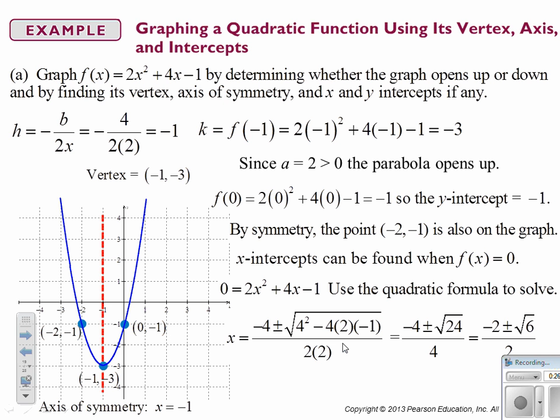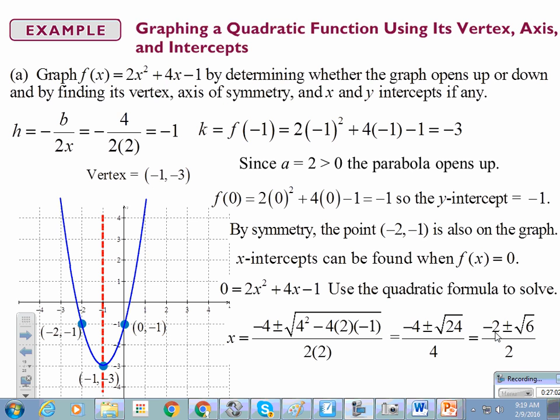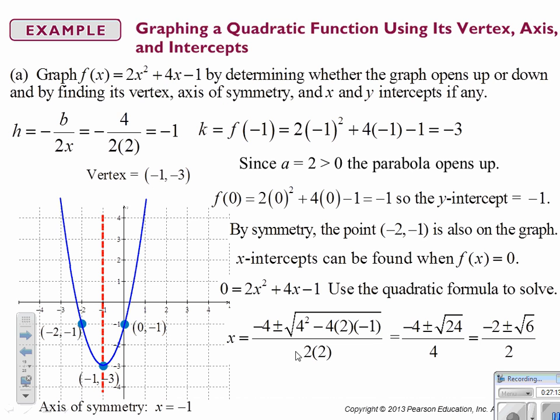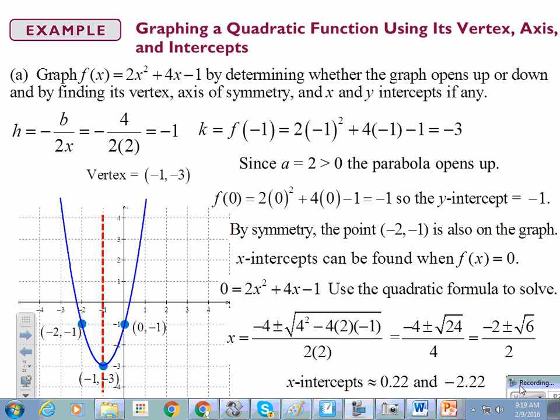If I plug in 4 for b, 2 for a, negative 1 for c, and simplify, I get that my x-intercepts are at negative 2 plus or minus root 6, all divided by 2, which are around here. So it's at about 0.22 and negative 2.22.